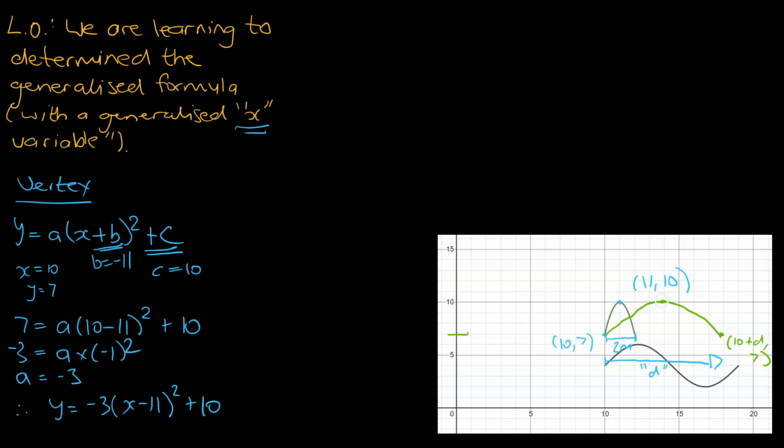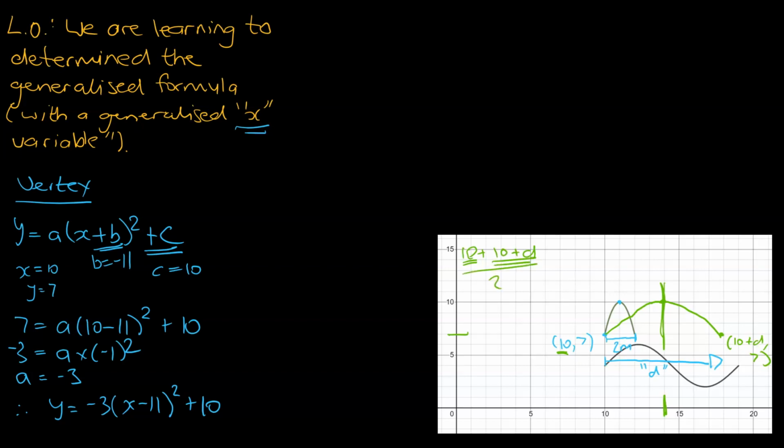And the vertex up here, we do need the vertex of that. I'm just going to rub out the previous coordinate to give us room to do our working. If you think about it, that coordinate is going to be in the middle of that parabola. So the x value down here will be the midpoint. We can calculate the midpoint by going 10, which is the first x value, plus our generalized one, 10 plus d, and that's the second one.